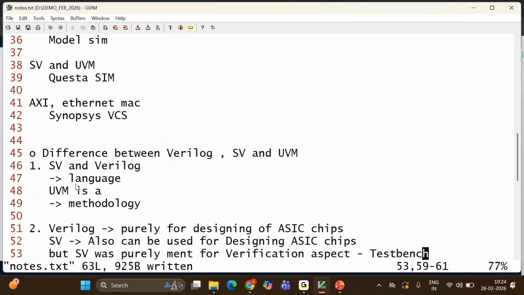Now, what is a test bench? In engineering, you would have come across IC testers. IC tester, one circuit, one instrument used to have IC tester. Yes or no? So where you keep any IC on that IC tester, that IC tester used to say whether the IC is faulty or whether it's a good IC. Yes or no? That IC tester is similar to a test bench.